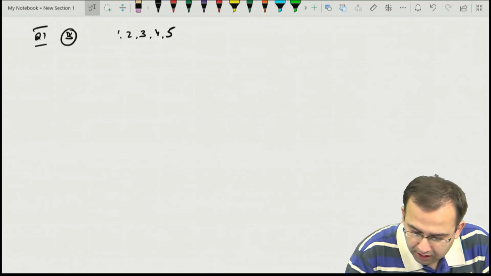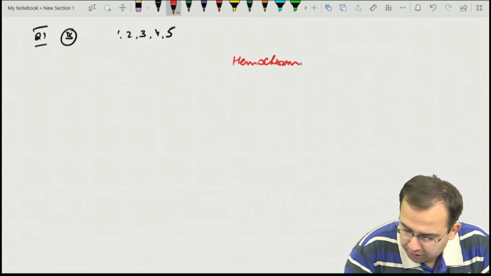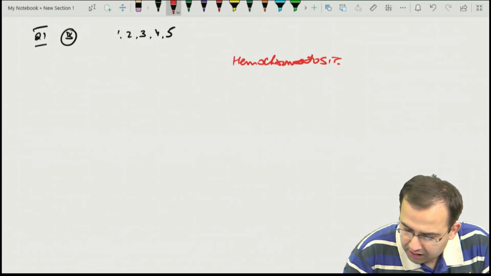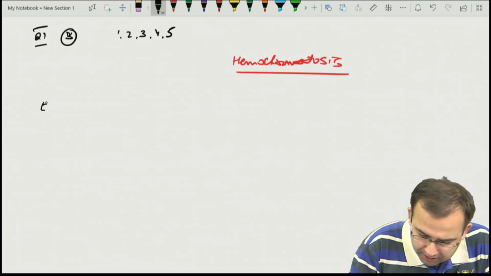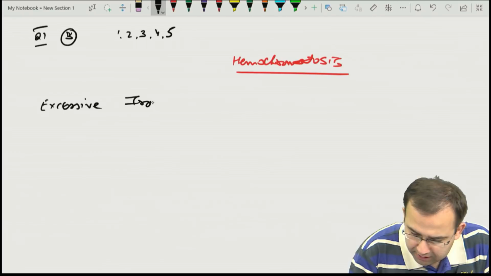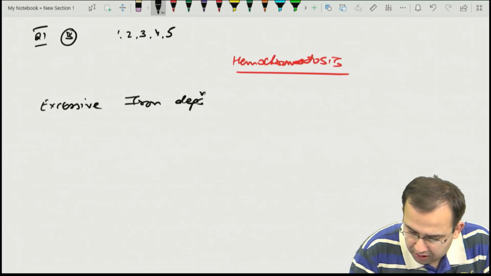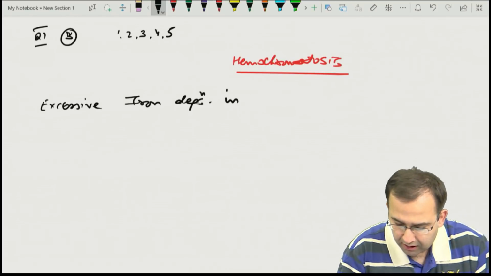First point, starting with hemochromatosis, which metal is getting deposited? Iron. That is, this is excessive iron deposition. In which all are the sites where the iron is getting deposited?